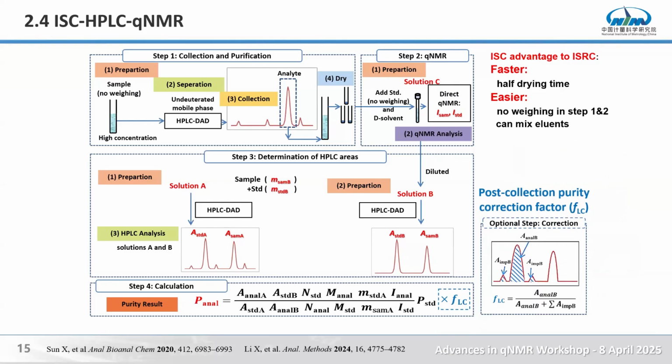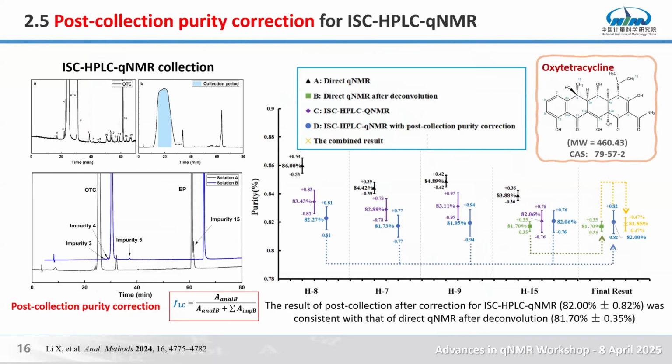It can extend this method to samples where PBe could not purify the original low purity samples to about 100% purity. Oxytetracycline was used as the target compound for this method, and the result was consistent with that of the direct qNMR after deconvolution.